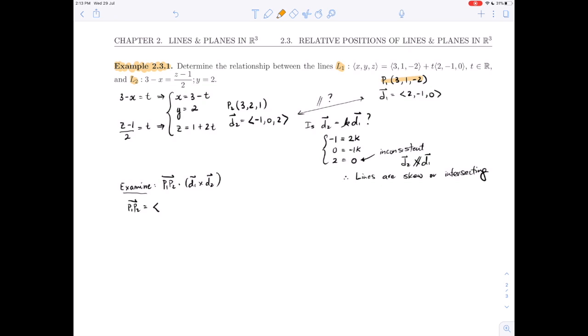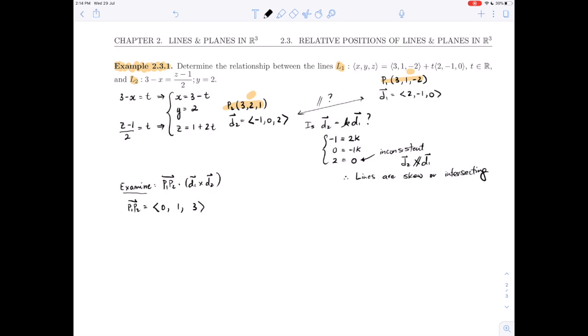I've done that backwards, haven't I? Sorry about that. I should have done P2 minus P1. So there you go, we get (0, 1, 3) as the vector P1P2.